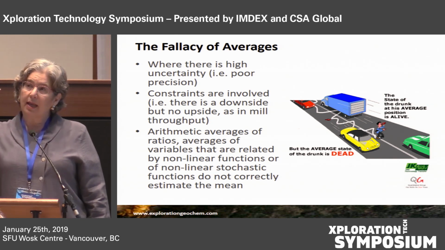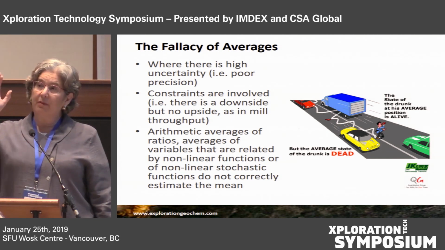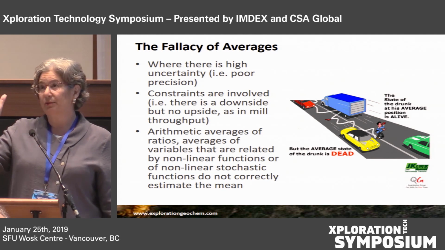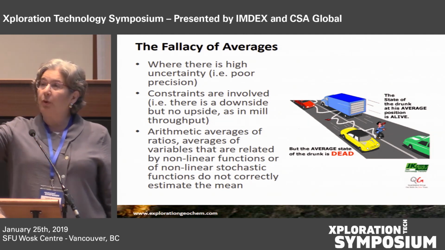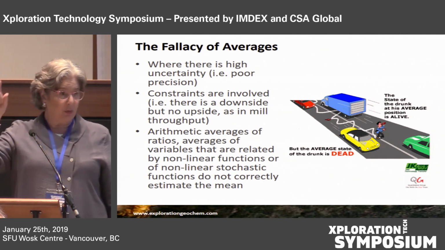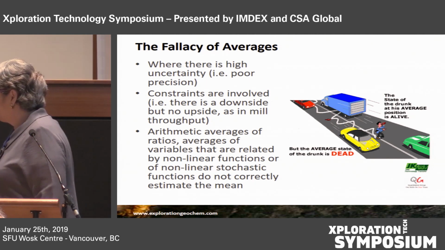So here is a cartoon from some Australian friends. Funnily enough, it's about drunks, but I'm not going to make any comments about that. The point is, if the drunk, on average, walks down the center line of the highway, he is perfectly safe.